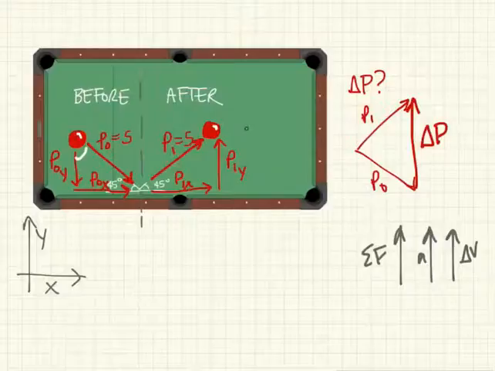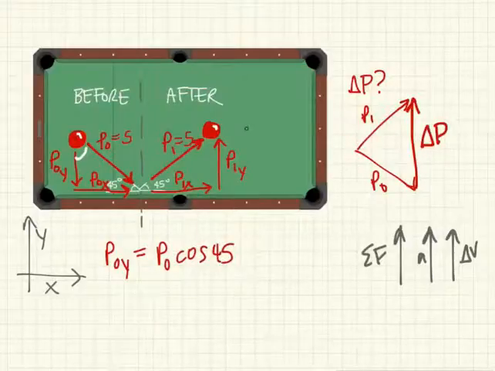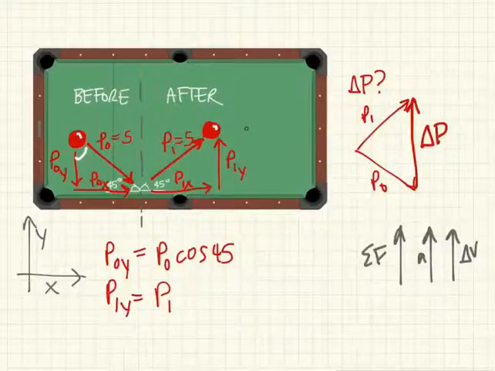The initial momentum in the y direction is equal to our initial momentum times the cosine of 45. Similarly, the momentum after the collision in the y direction will be the final momentum times the cosine of 45.